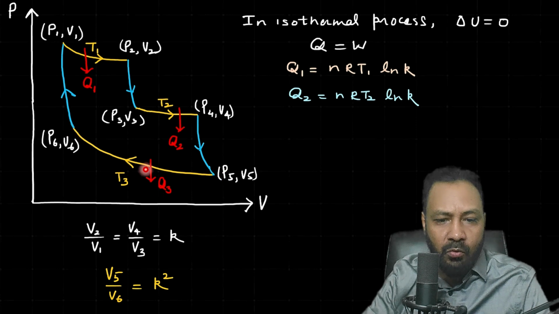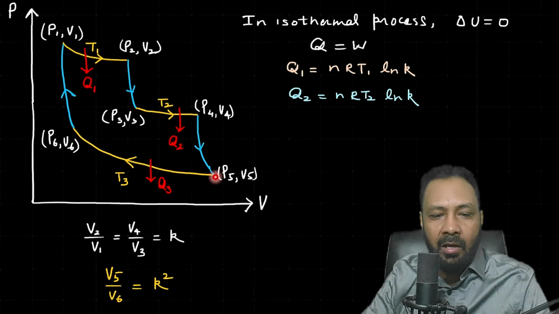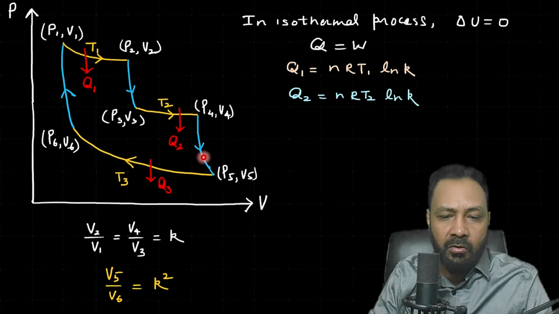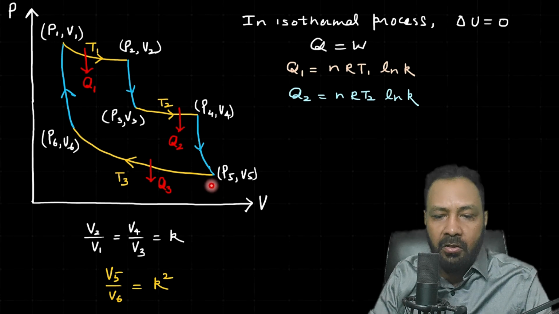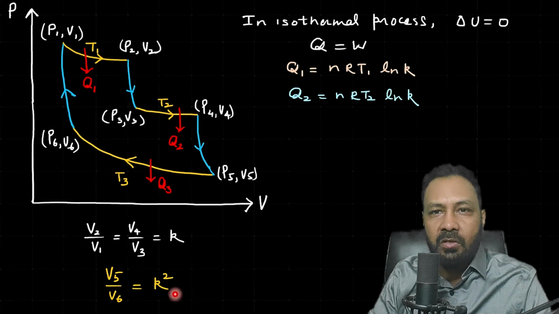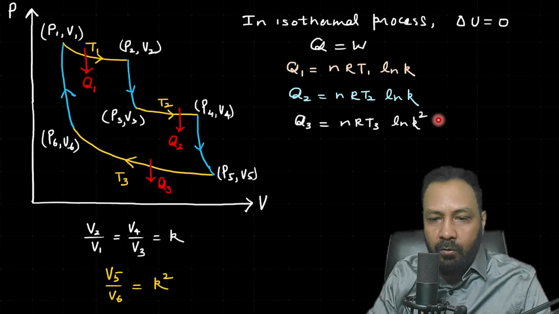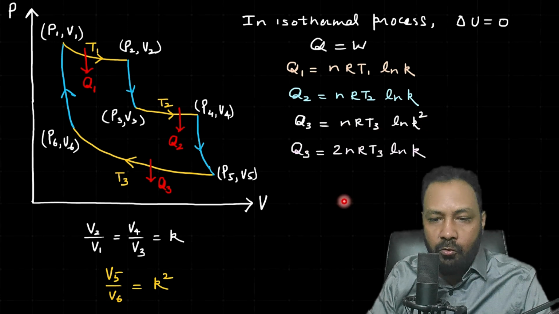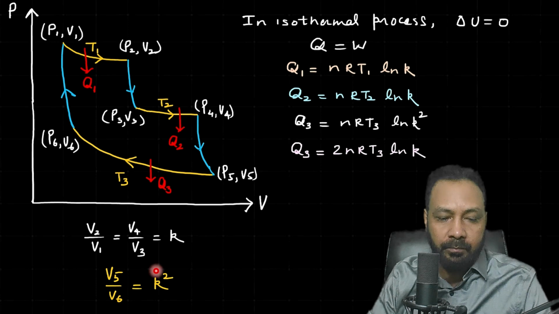So if I write Q3 with sign, that will be nRT3 ln V6 by V5, but because I have to write the magnitude of Q3, it would be nRT3 ln V5 by V6, and V5 by V6 is K square, so that would be nRT3 ln K square. So that will become 2 nRT3 ln K.